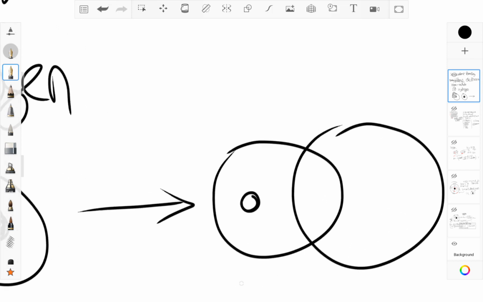So the one on the left is going to give one of its valence electrons, and the one on the right is going to give one of its valence electrons. And now you can see, through sharing, both of them have two valence electrons.